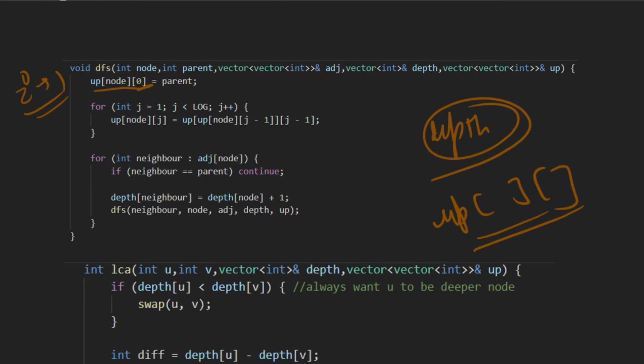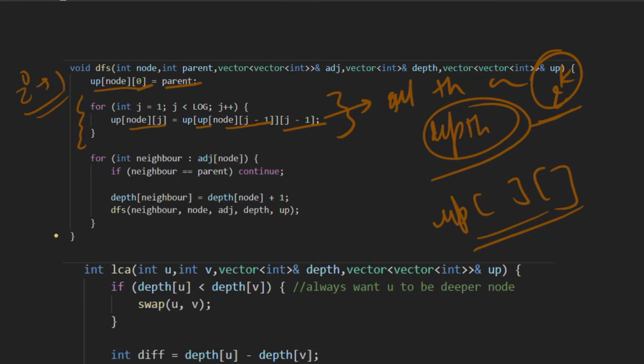So up of node, 0 is the immediate parent, right? And then we have discussed up of node, j is equal to up of up of node, j minus 1, and j minus 1, this formula.